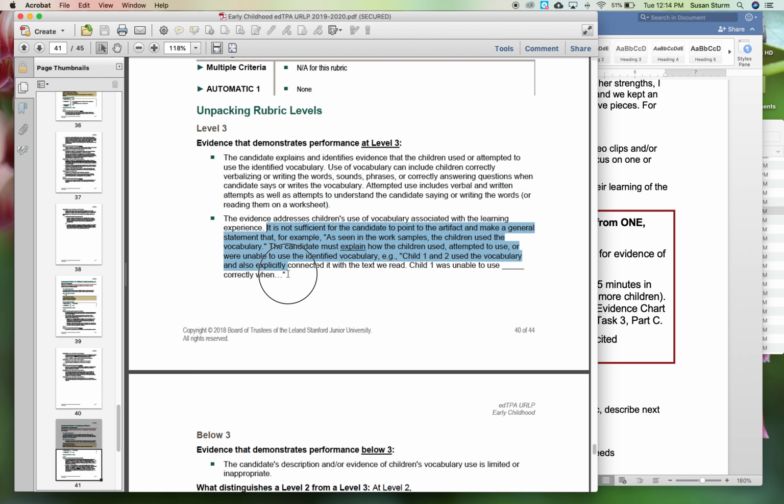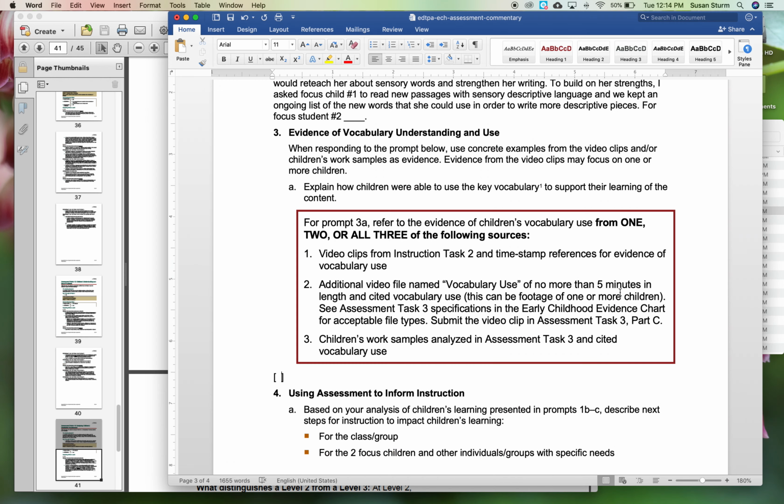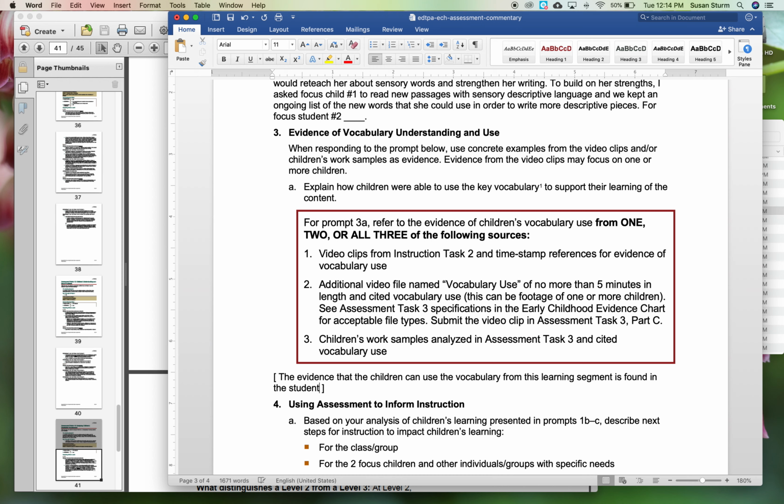This is really important to this prompt. So this prompt is going to start with the evidence that the children can use the vocabulary from this learning segment is found in the students' work samples.